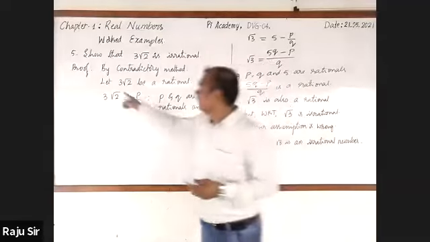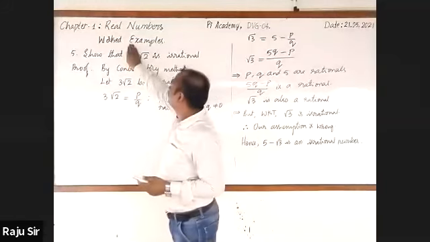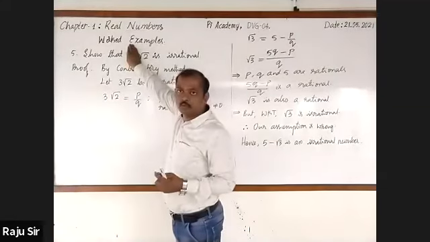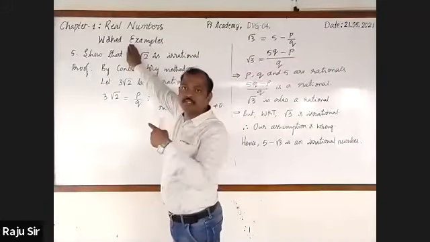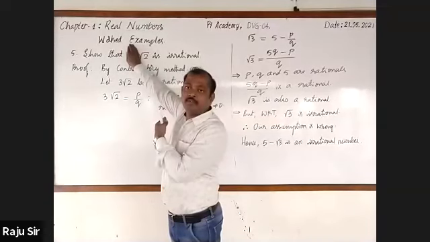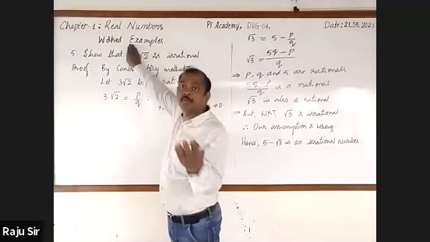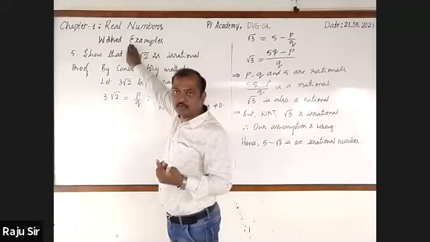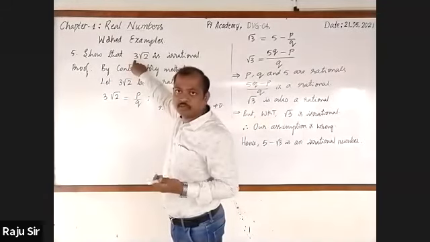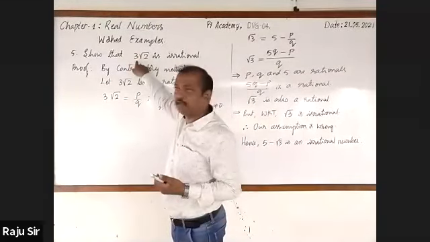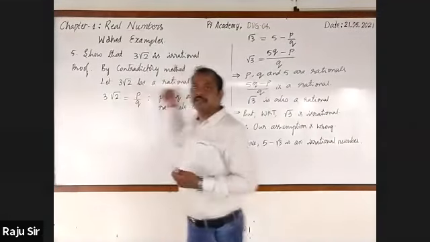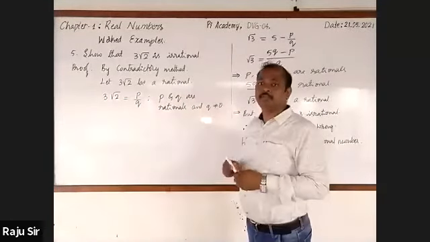I told you, because if there is coefficient 1, then it will be just root 2 only. Then to prove this as irrational number, we will go for taking P and Q as co-primes and Q is not equal to 0. But here the coefficient is other than 1. 3 is there. Hence, we will follow the previous method.